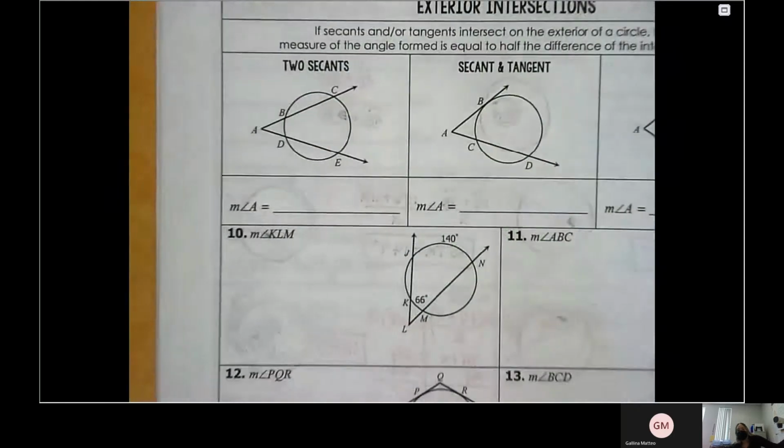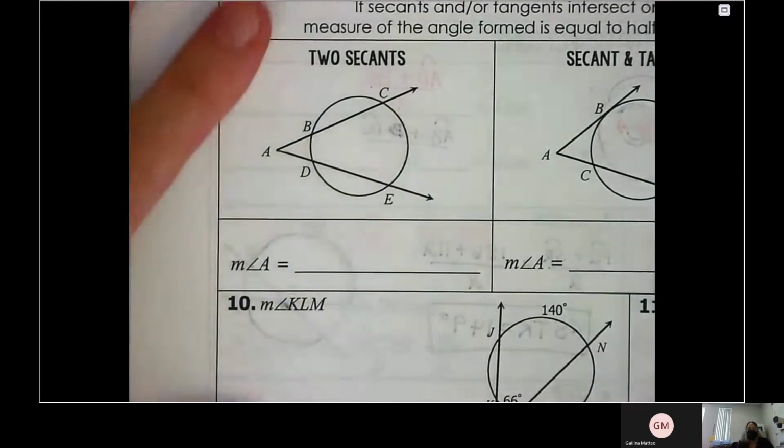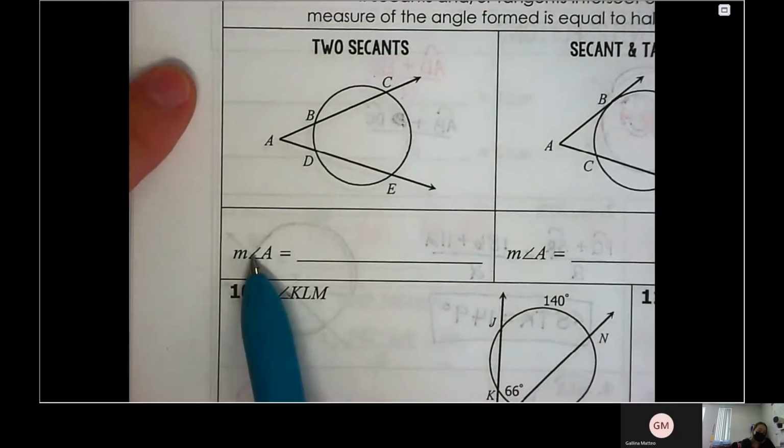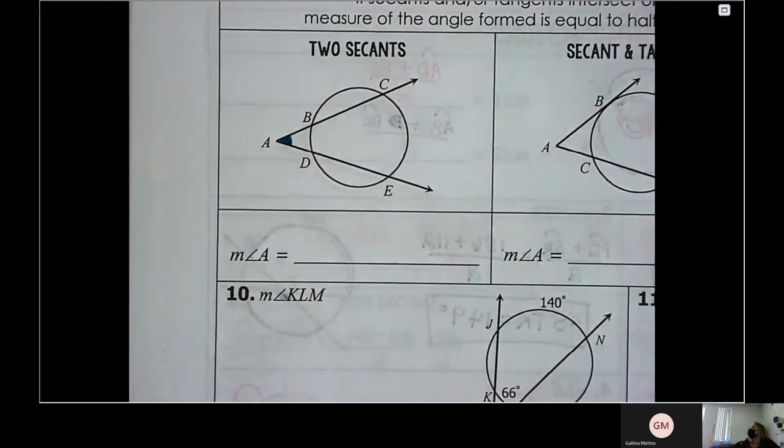So I'll show you what I mean. In the first one, to find the measure of angle A, which is all the way out here on the exterior of the circle, you're going to take the larger arc that's intercepted and subtract the smaller arc that's intercepted.